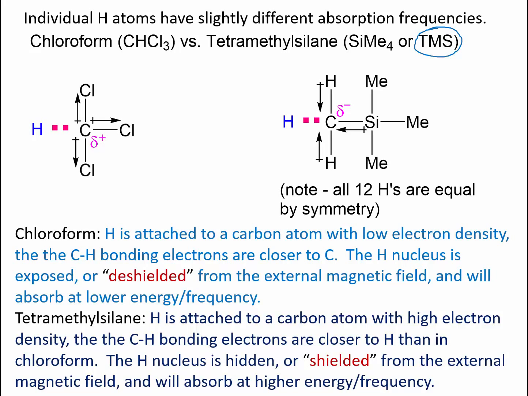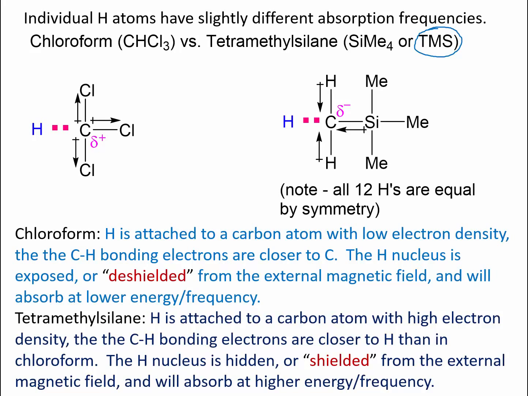So the effect here is that chloroform is attached to a carbon atom with low electron density. The hydrogen nucleus is exposed because this electron pair isn't really shielding it anymore. So we say it's deshielded from the external magnetic field, and it's going to absorb at a lower energy or frequency. Tetramethylsilane is just the opposite.